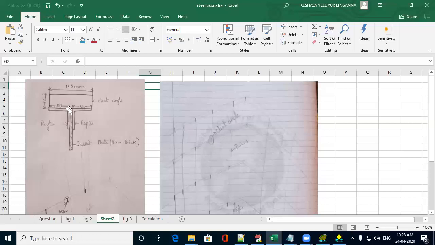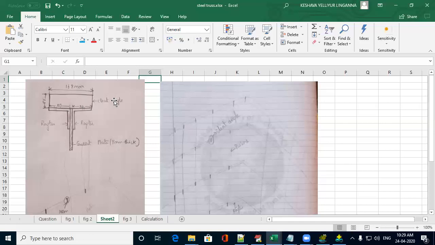Here it is 80, one angle, another angle is 80, and in between the gusset plate used is 8 mm thick. So the total length of the cleat angle becomes 80 plus 8 plus 80. In total, the length of one cleat angle will be 168 mm or 0.168 meter.